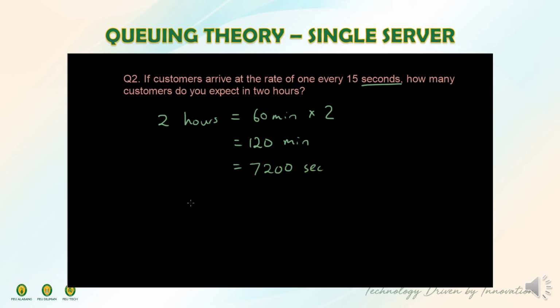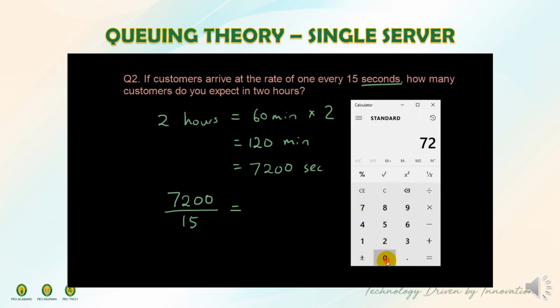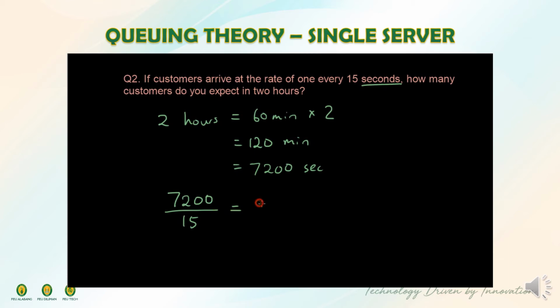So we have 7,200 seconds, and 15 seconds for one customer, so we divide by 15. 7,200 divided by 15 is 480 customers.